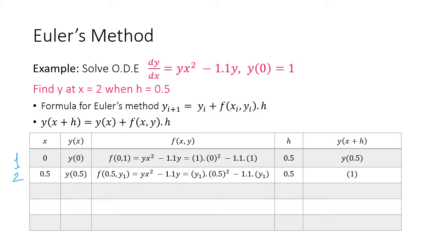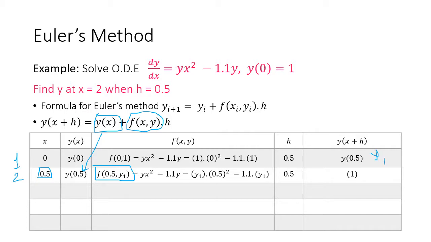In the second iteration, the value of x is 0.5, and the first term on the right hand side is y at 0.5. Then the function f of x,y is calculated at x equals 0.5 and the new value of y1. So we have already incremented the value of x by 0.5, and the y is the new value of y that we obtained at the end of first iteration, which I have already written as y1.